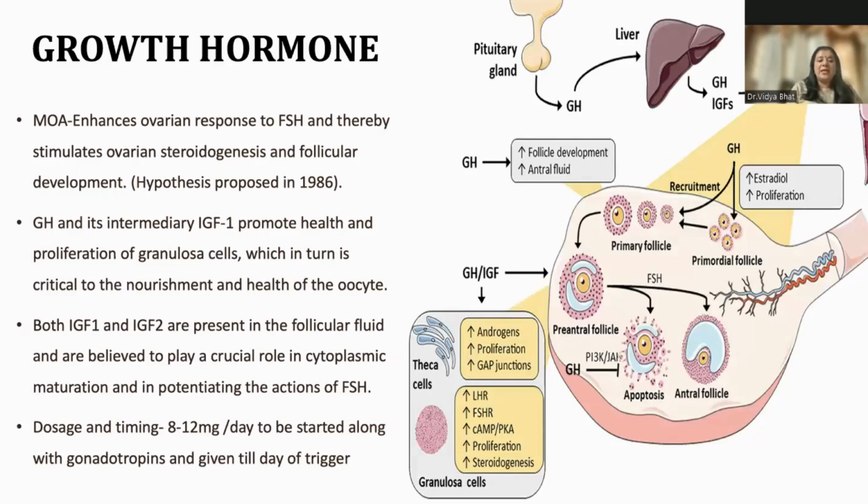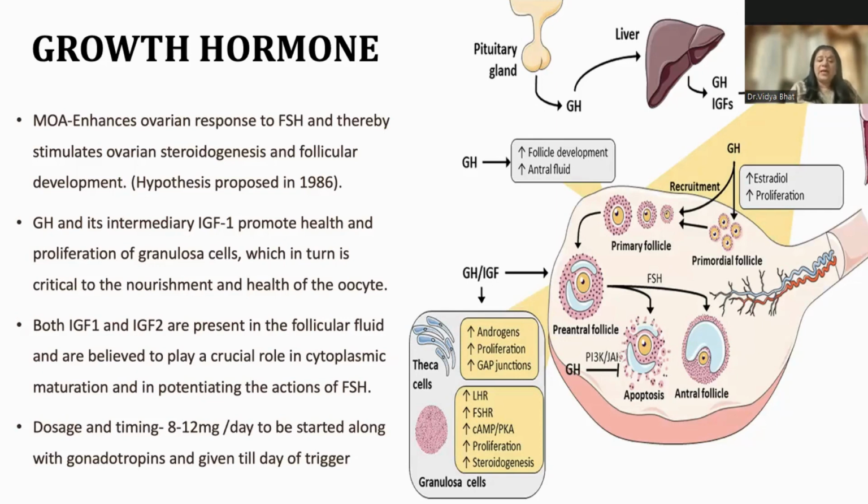The mode of action is that it enhances the ovarian response to FSH and thereby stimulates ovarian steroidogenesis and follicular development. Growth hormone and its intermediary insulin-like growth factor promote proliferation of granulosa cells, which in turn is critical to the nourishment and health of the oocyte.